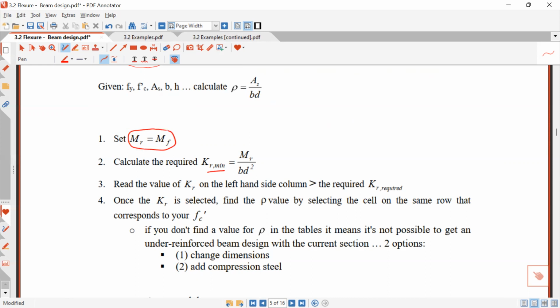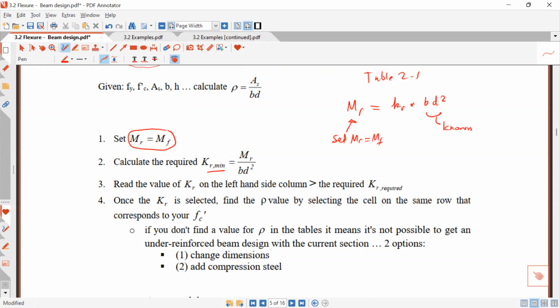We set this MR equals to MF. We just divide by BD squared. Because remember, if we use table 2.1, how do we get the MR? It's just KR times BD squared, right? So here we set MR equals to MF. So this is a number, and this is also known, right?